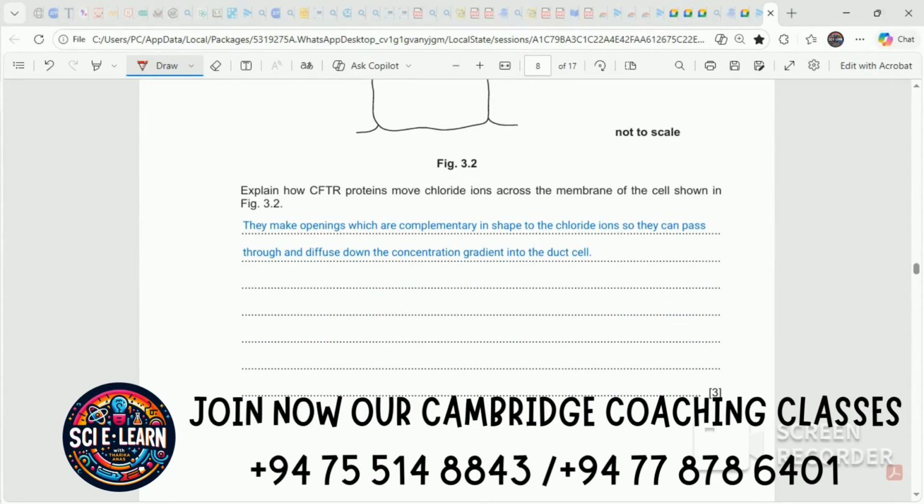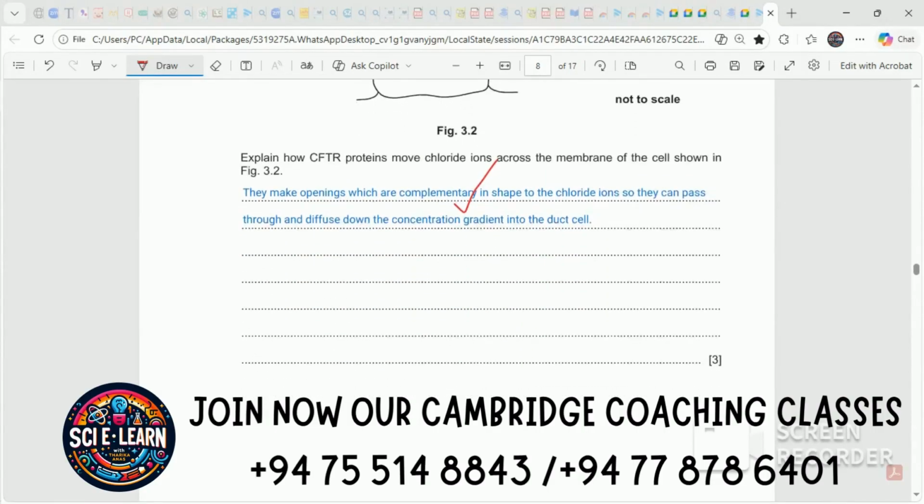I can give you a mark for they make openings which are complementary to the shape of the chloride. That's correct. But it does not happen down the concentration gradient. It will happen against the concentration gradient, and also it is an active transport.